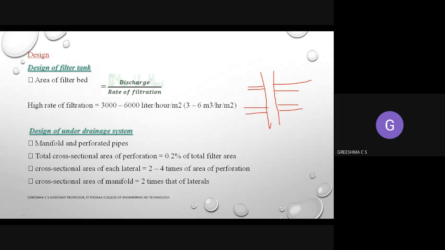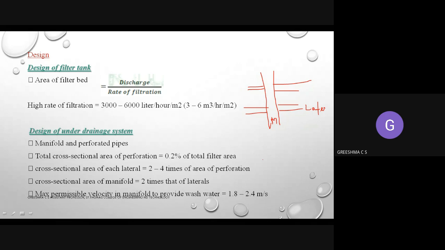The cross section of the manifold is taken as 2 to 2 times that of laterals, and the lateral area is taken as 2 to 4 times the area of perforations. All these things, the manifold, laterals and perforations, we discussed in the last class, so I'm not going into that detail.